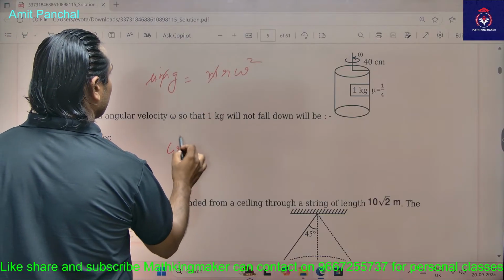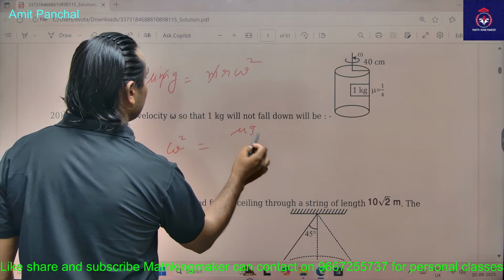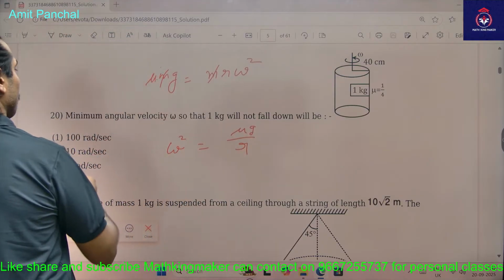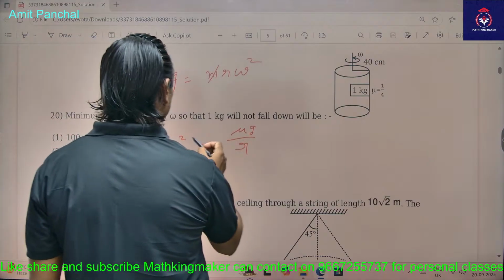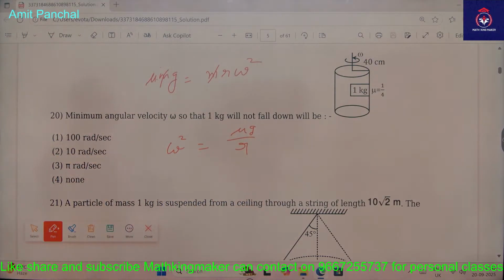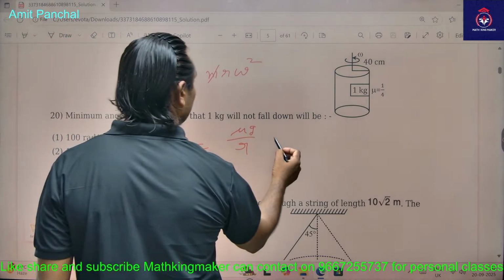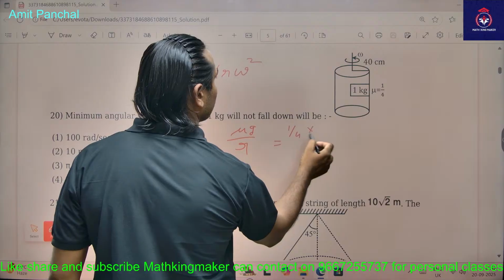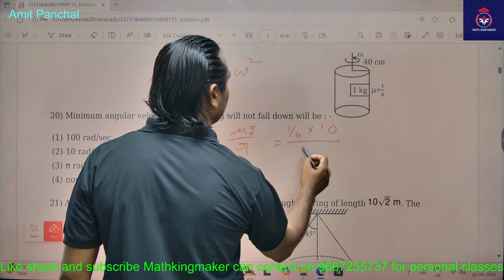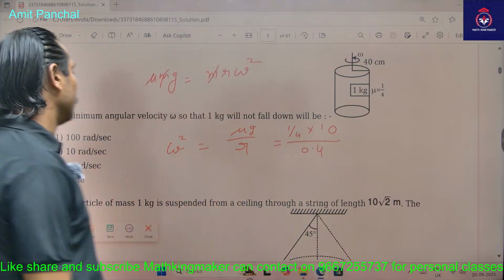So omega square is mu g by r. Just put the values. What is r? R is 40 centimeters. What is mu? Mu is 1 by 4. G you will put as 10. R is 40 centimeter means 0.4.